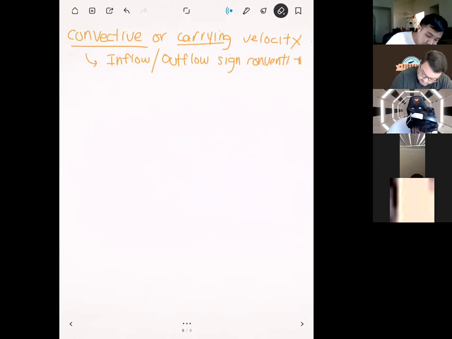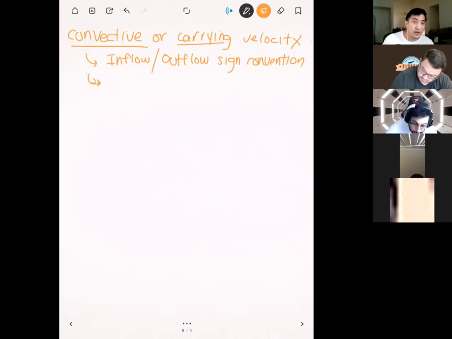And for these ones, if you draw your control volume right, what you're going to plug in is not the components of velocity, but just the magnitude of the velocity itself.